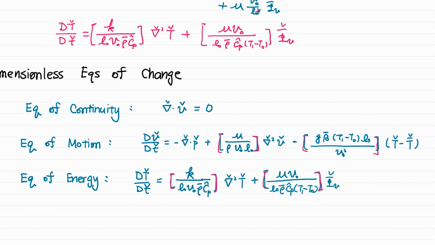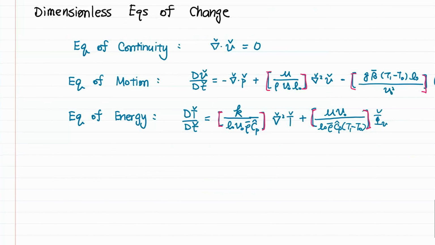So everything in that bracket added together must also be dimensionless, so it forms dimensionless groups. And now let's take a look at these dimensionless groups in the equations. Okay, so let's take a look at that.